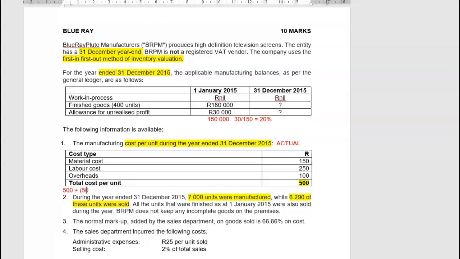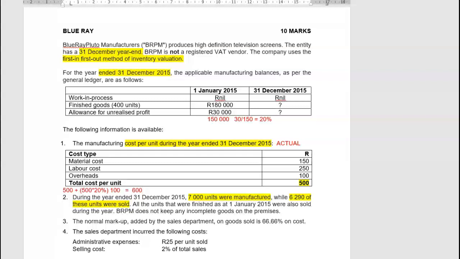It would have been 500 multiplied by 20%, and that actually gives us 100.